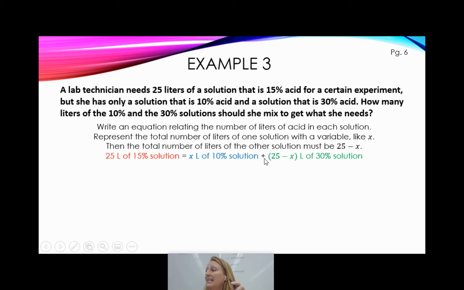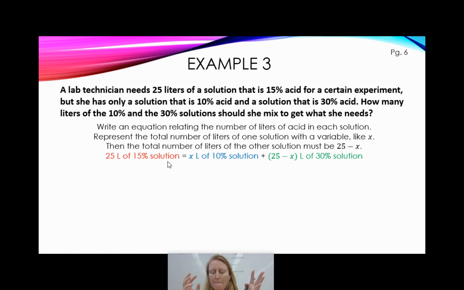And I'm going to add together x liters of my 10% solution and 25 minus x liters of my 30% solution. You follow? Then I'll subtract that from 25 to figure out how many liters I need of my other solution. And together, that should give me 25 liters, and it should be a 15% solution.